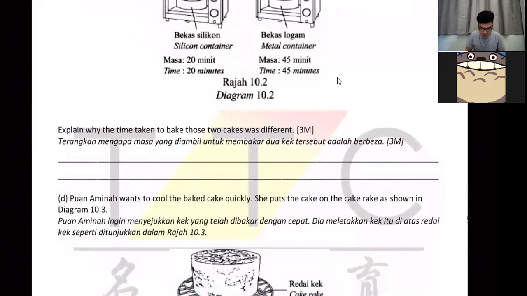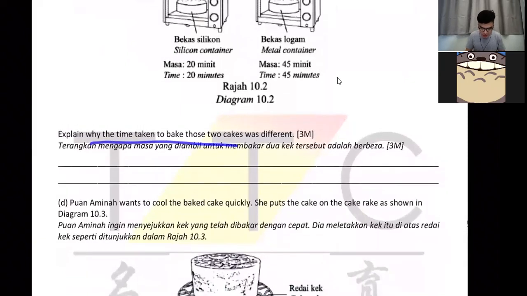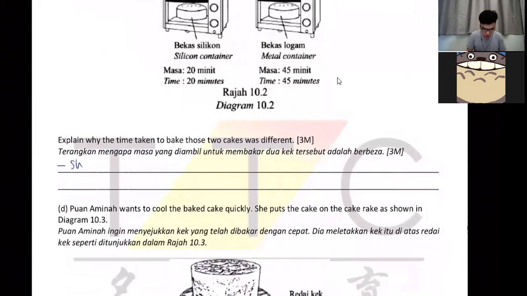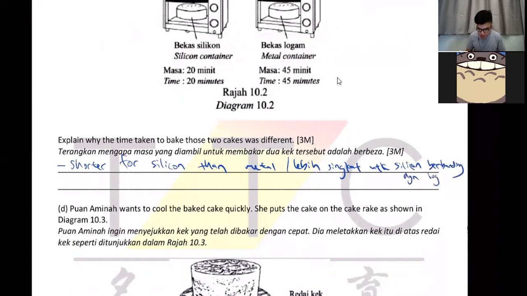So explain why the time taken to bake those cakes was different. Okay, so it is shorter for silicone than metal. Okay, lebih singkat untuk silicon, berbanding dengan logam.